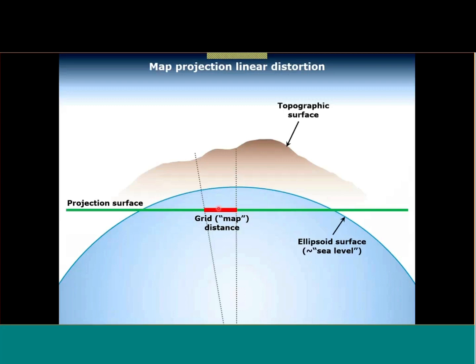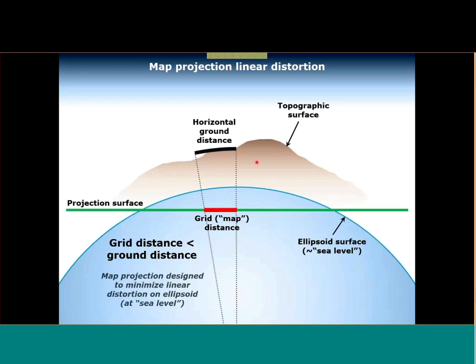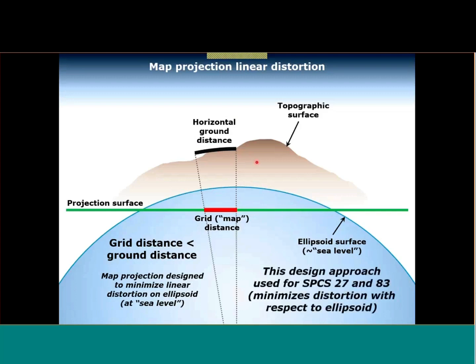This part of the ellipsoid is being projected onto the map grid. But really, people work up here. So this black arc represents the horizontal ground distance. You can see that the grid distance is shorter than the horizontal ground distance, and that's typical for state plane. So the whole intent of state plane 83 and state plane 27 is to design zones that minimize linear distortion with respect to the ellipsoid. That was the entire design philosophy behind state plane 27 and state plane 83.